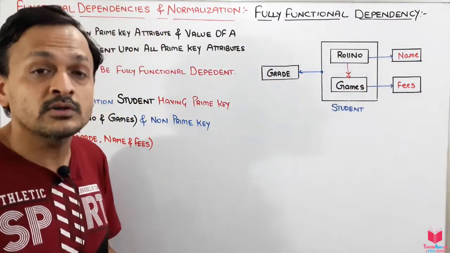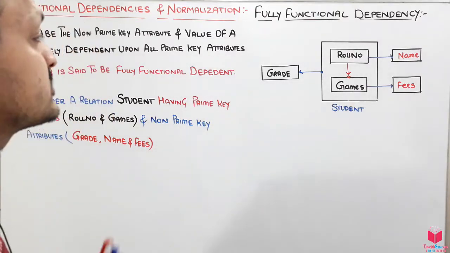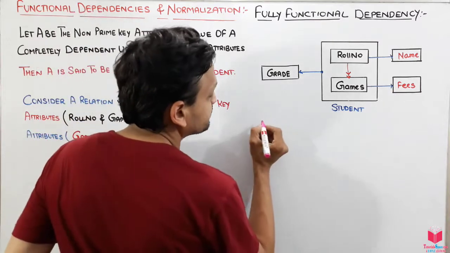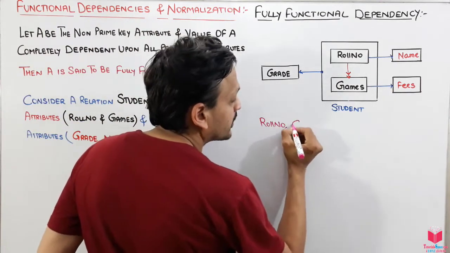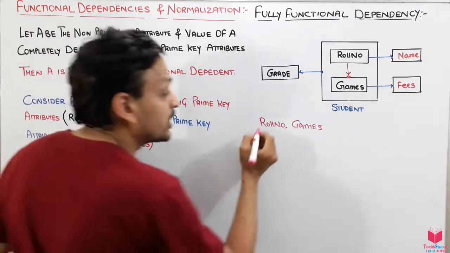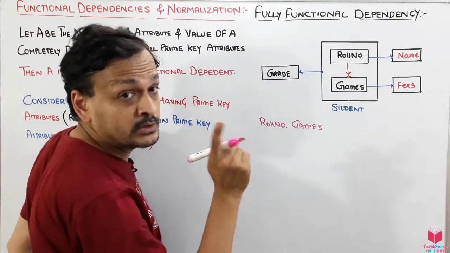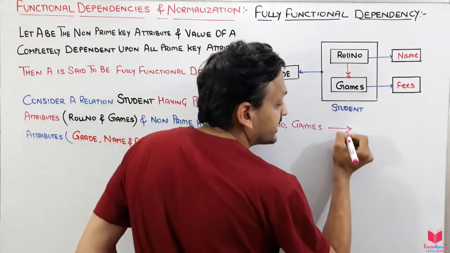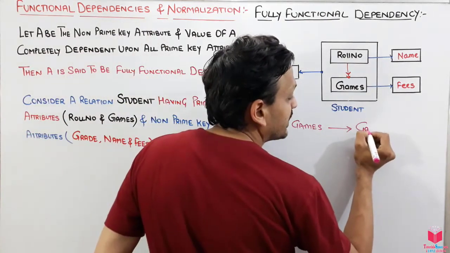So this is all about functional dependency, fully functional dependency. If we have to write this, we can write it in this way. These are the 2 prime key attributes, and both combinedly, please remember, determine the grade value.